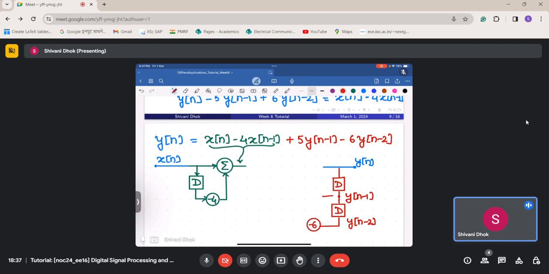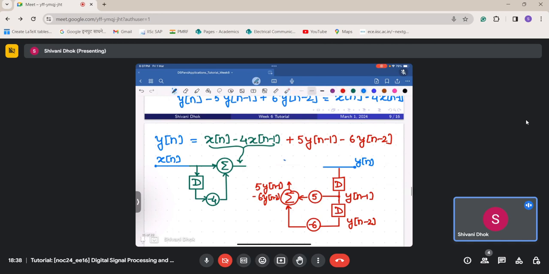In a similar way, this y of n minus 1 gets multiplied by a factor of 5, and these two will get added like this. So here we are having 5 times y of n minus 1 minus 6 times y of n minus 2, and this quantity plus this quantity when added will give me my y of n.